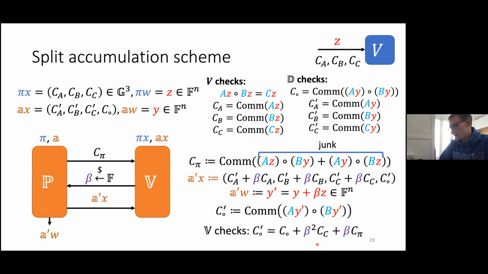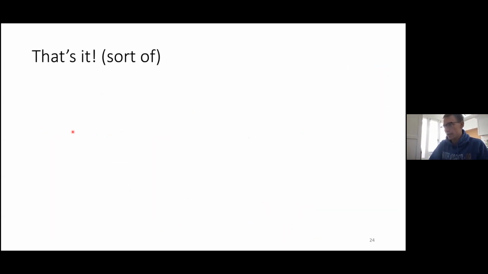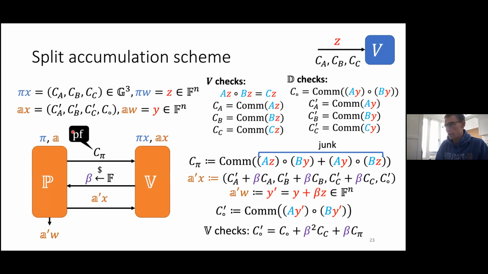Everything that it needs to know is committed to beforehand, namely CO, CC, and then our proof. So this C pi becomes the accumulation proof. So are there any questions regarding this protocol? Need to stare at it for a bit.